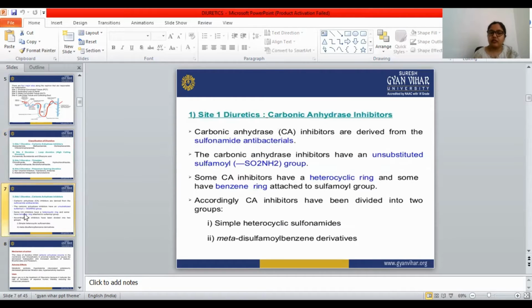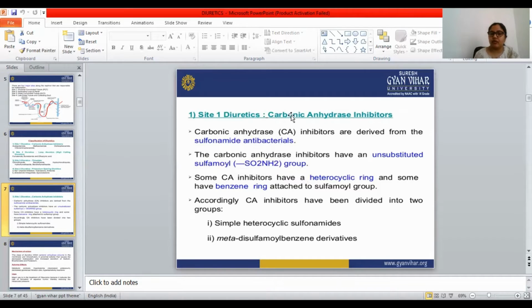So first are the carbonic anhydrase inhibitors, also known as CA inhibitors. Carbonic anhydrase inhibitors are derived from the sulfonamide antibacterials. They have an unsubstituted sulfonyl group, that is SO2NH2.